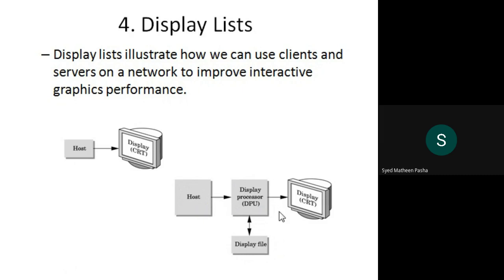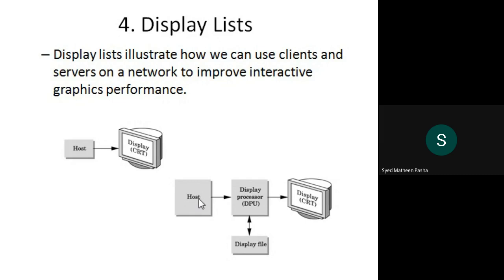So whenever this display file sends some instructions to the display processor, the host becomes free because all the instructions as well as executions are done by these two parts, that is, the display processor as well as the display file. Now the host is free. The display processor executes the instructions which come from the display file, so it will avoid some fluctuations happening with respect to the host as well as the display file.